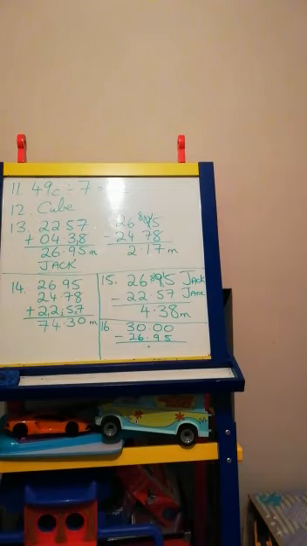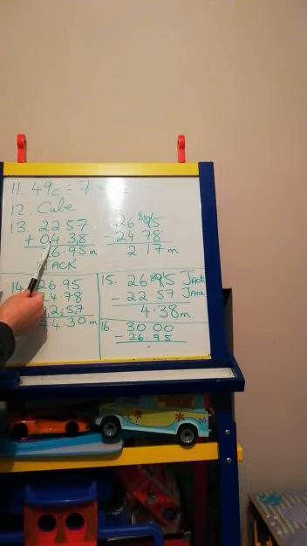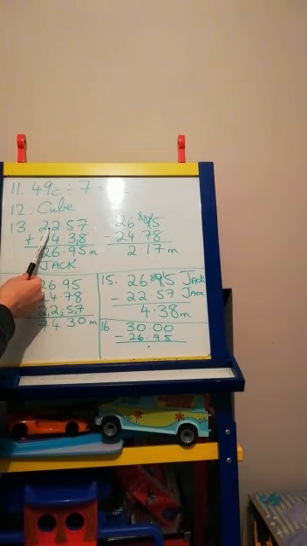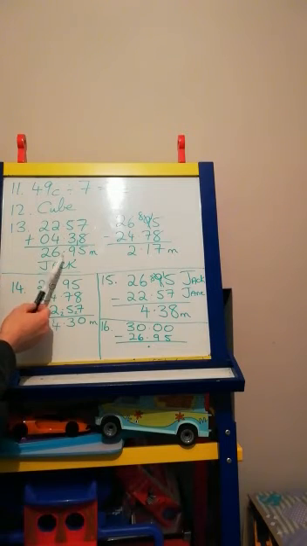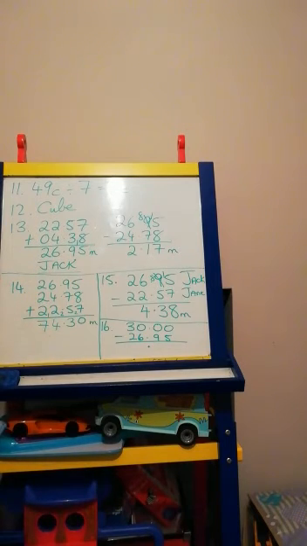So they told us that Jack's welly was tossed 4.38 metres further than Jane. So if you add the 4.38 to Jane's throw, and you can see that Jane's throw was 22.57, you end up with 26.95 for Jack. So clearly Jack was the winner because he has the longest throw.